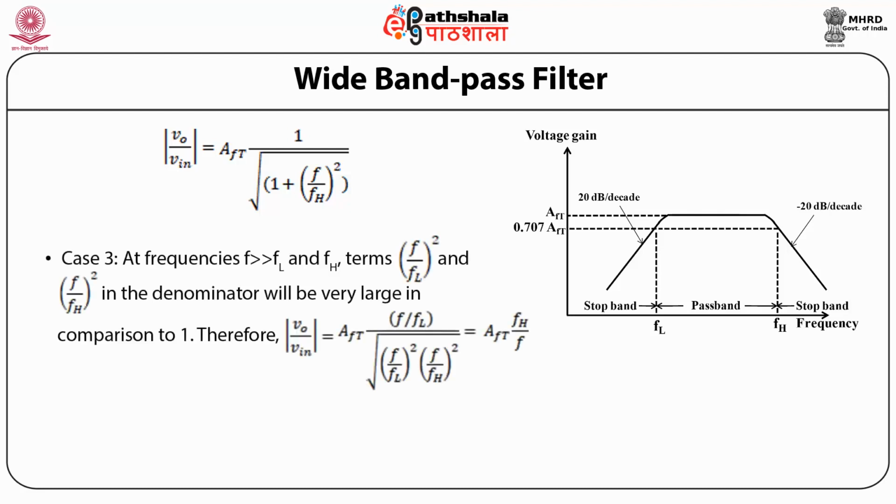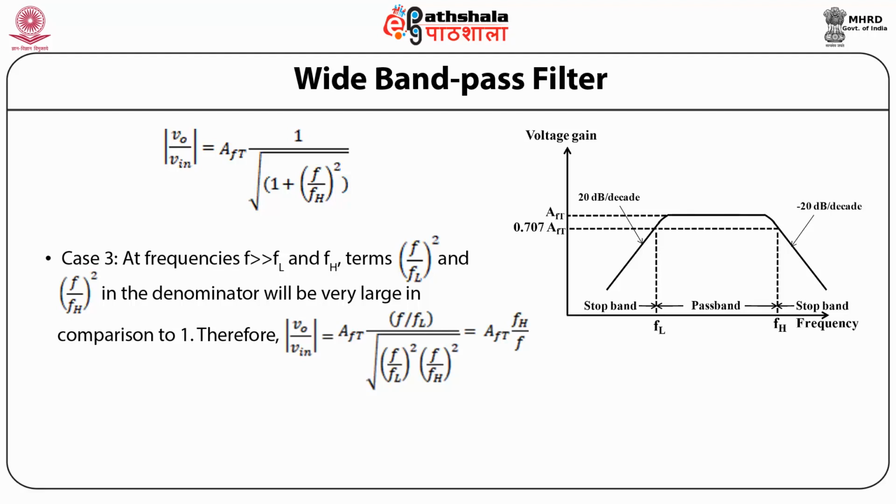In the third case, at frequencies f much greater than fL and fH, the terms f by fL whole square and f by fH whole square in the denominator will be very large in comparison to 1.